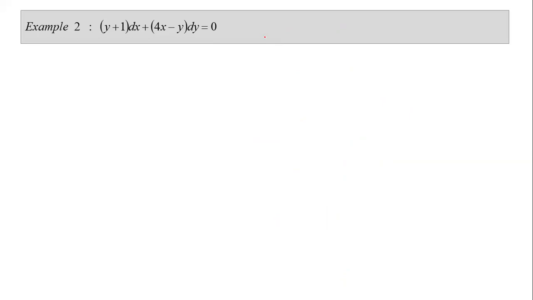So how do you do that? So you must write this of the form dx dy plus, that's dx dy plus this must be p of y times x equals q of y, okay? So what are we going to do? So if we want dx over dy, so we just don't want dy here, okay?